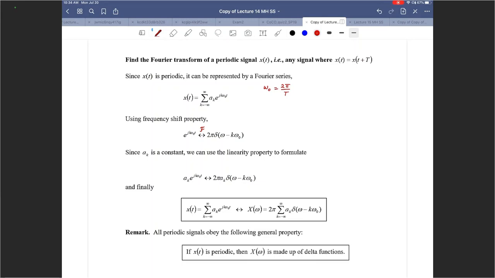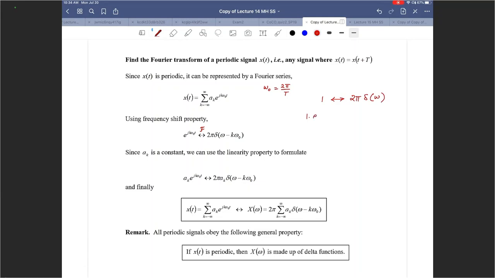So what is the Fourier transform of a constant, say 1? Well, the Fourier transform of a constant is simply going to be an impulse, but scaled at 2 pi. Now, when you have a frequency shift, what do you have?